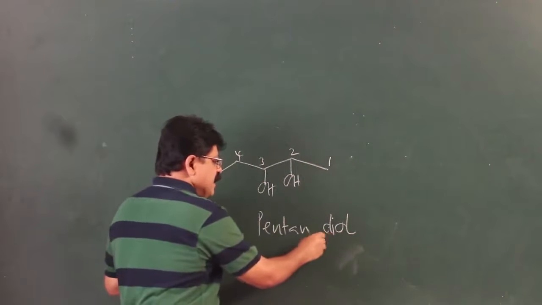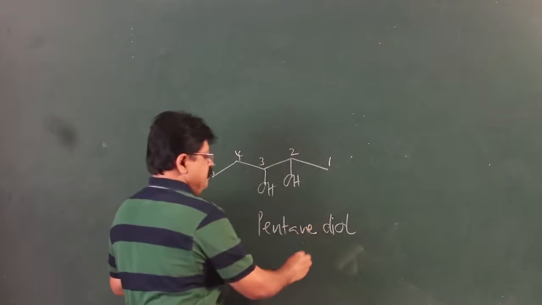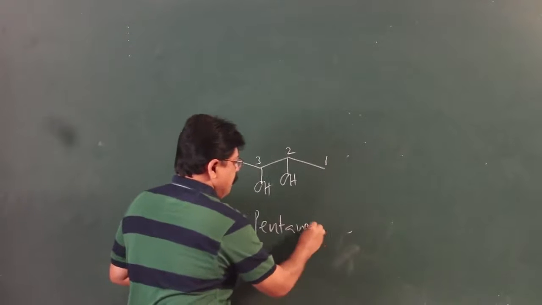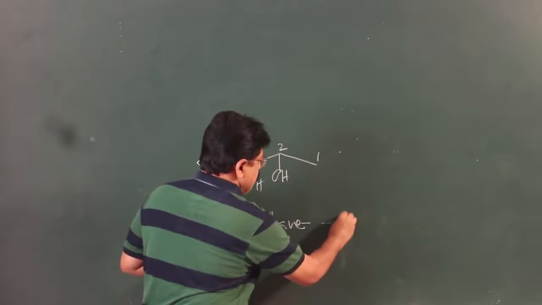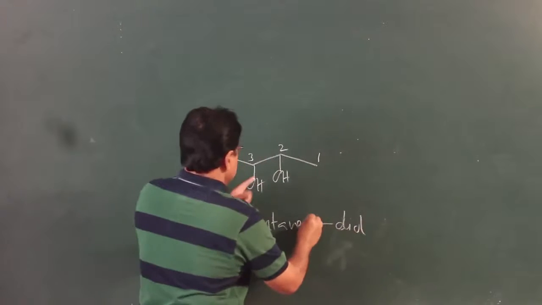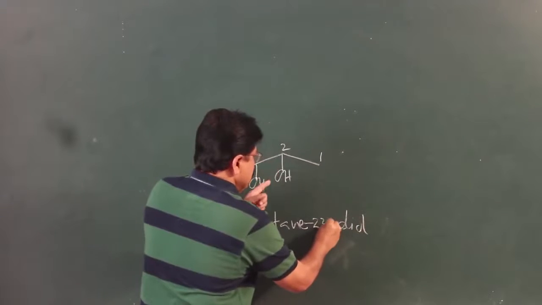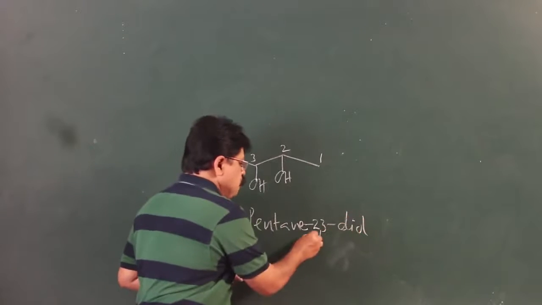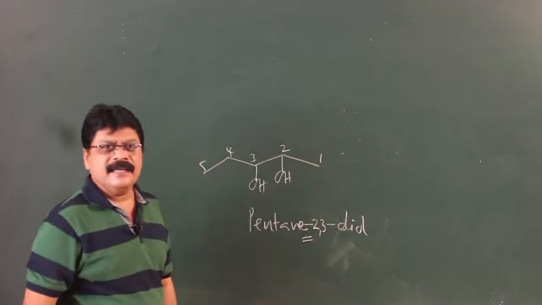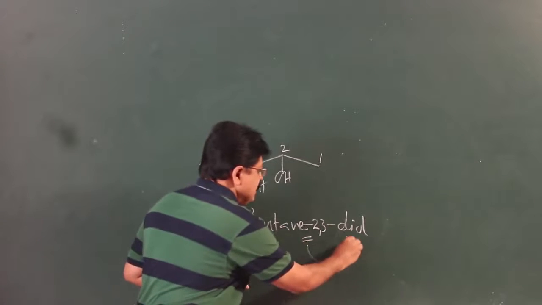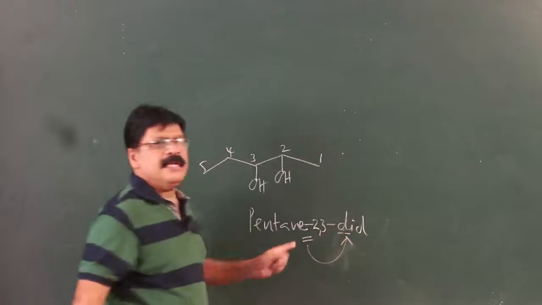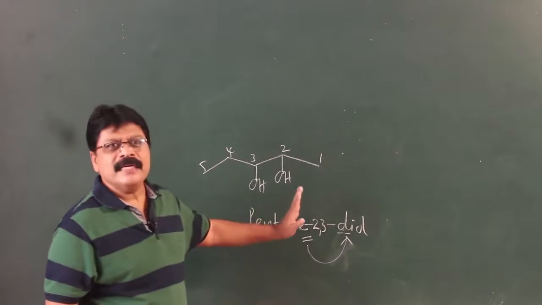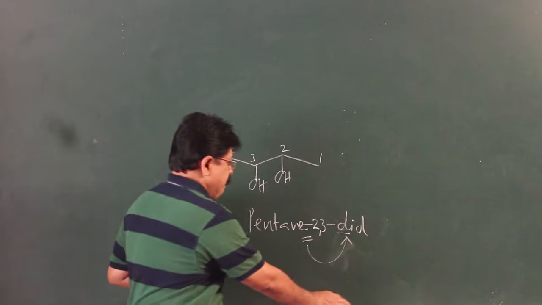Whenever it is di, you will have to add E. Then it will be like this. 2,3-diol. So, when do we retain E? When you find that there is di, in that case you will have to retain the E. So, this is where you will have to retain an E.